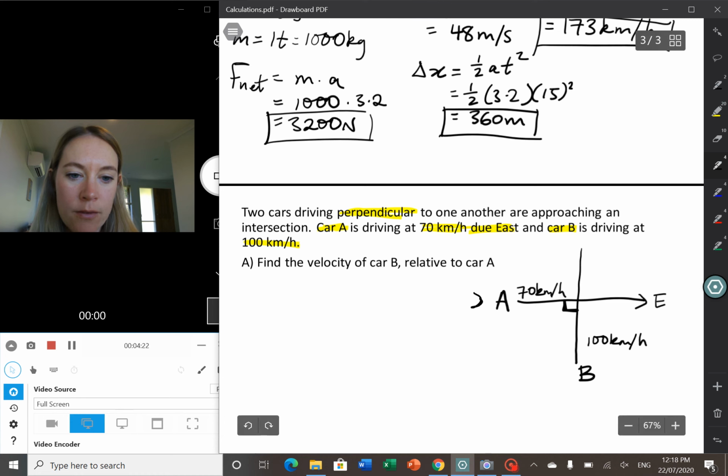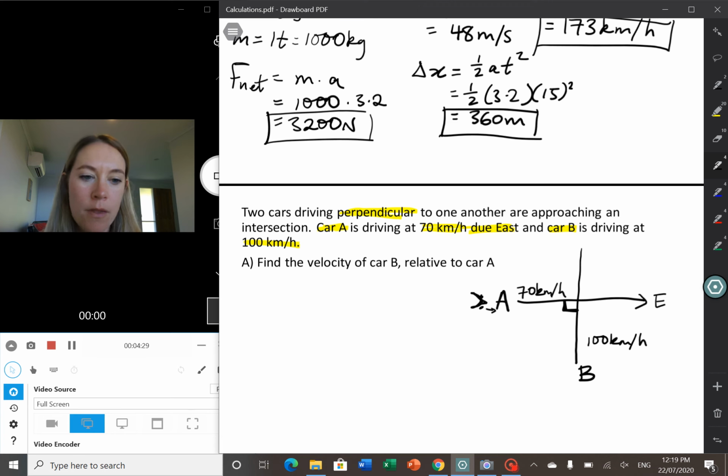So we're being asked, if we're looking this way, we're looking in this direction, we're in the place of car A, then we want to know how fast, or what is the velocity of car B based on where car A is situated. So if car A was stationary, how fast would it appear that car B is going?